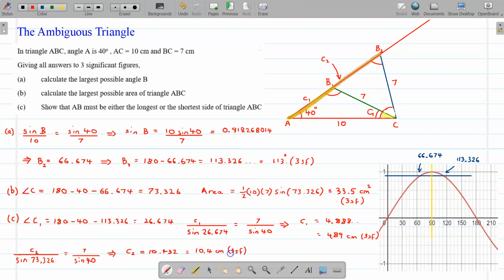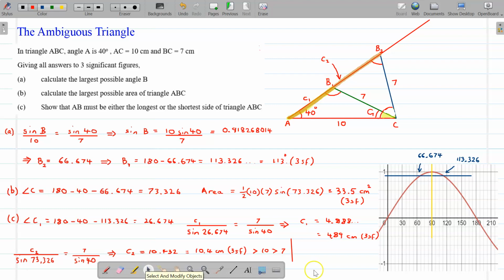So what we've done is we've shown that that is greater than 10, which is also greater than 7. In other words, we've shown that it's the greatest length of that triangle. I'll just put this as a separate statement. It's a bit squashed here, but I think you've got the idea.